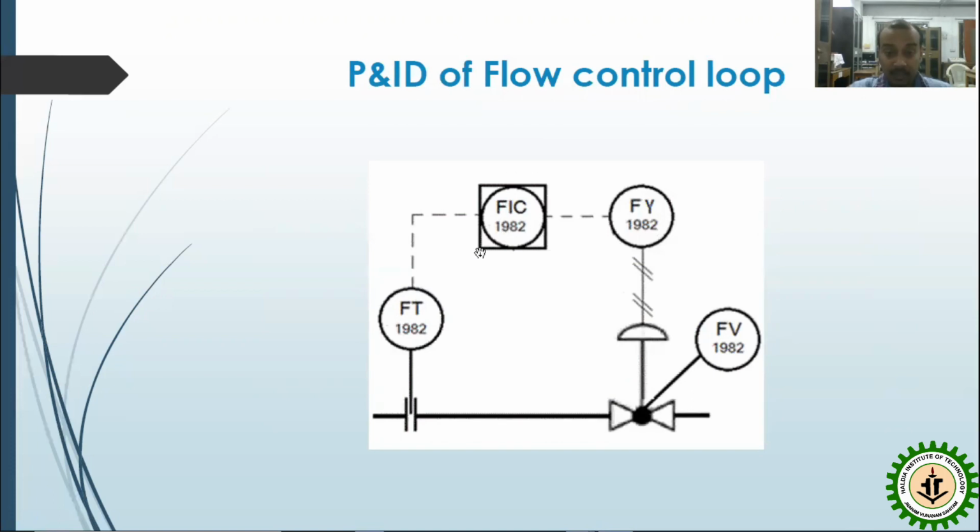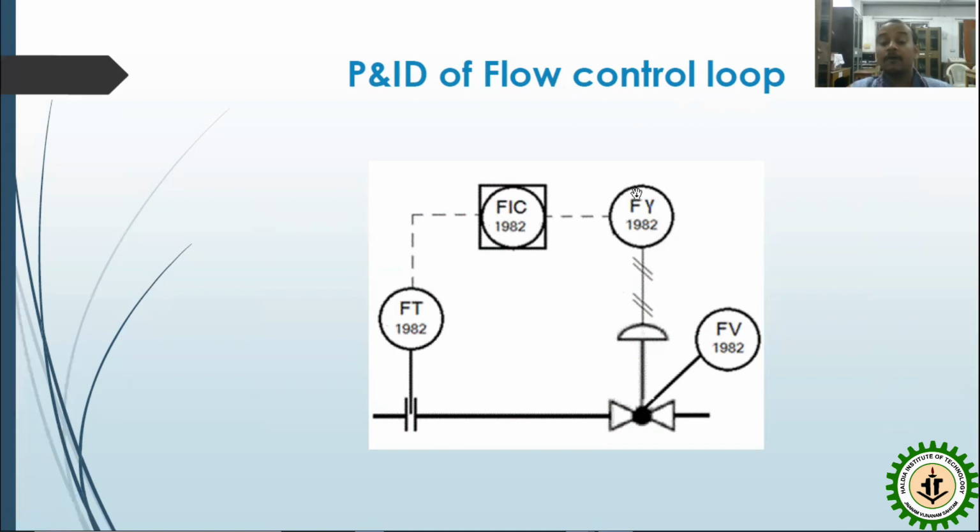If this rectangular box is associated here, that means this flow indicating controller is also associated with the display unit.